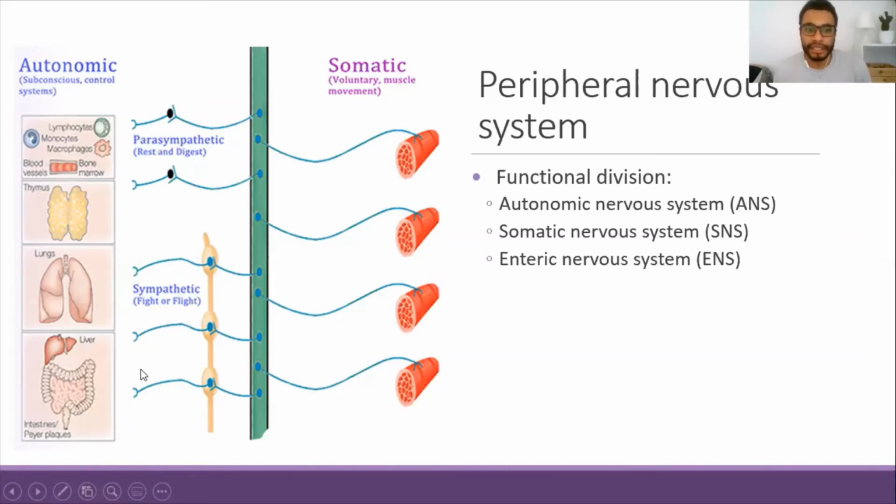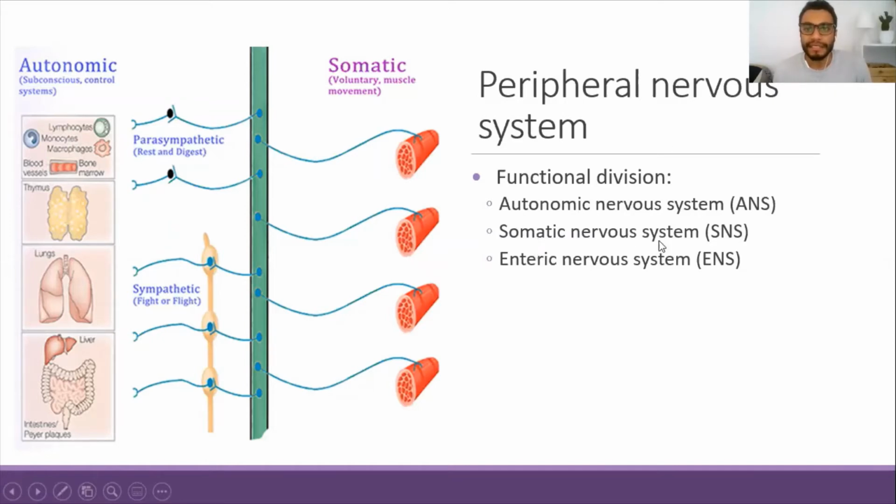The target organs here are mainly viscera. So we have different viscera that can be targeted by both sympathetic and parasympathetic system, including viscera in the immune system, the respiratory system, digestive system, the cardiovascular system as well, the reproductive system. So basically all viscera are innervated by the autonomic nervous system.